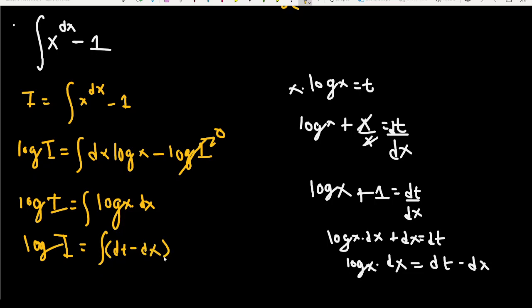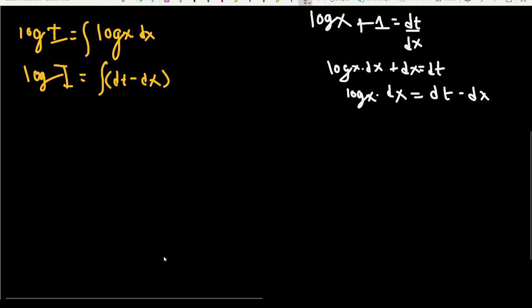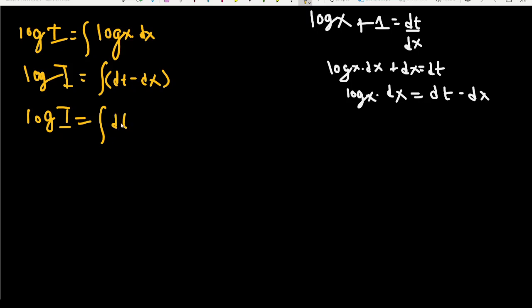So we have simplified our integration using integration by substitution. And the next thing we can do here is integration separately of dx and dt. Now I can write log I equals the integration of dt minus the integration of dx.